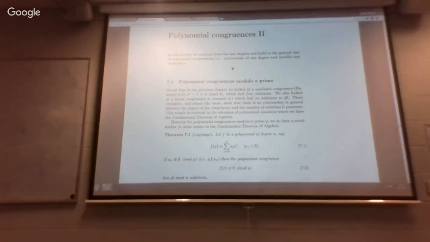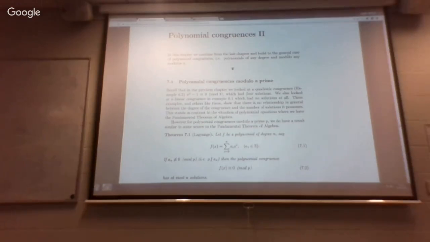It was based on the GCD of a and n, the coefficient of x and the modulus n, and whether or not that d divided b. If it didn't, there weren't solutions. If it did, there were exactly d solutions. So complete understanding of linear congruences.